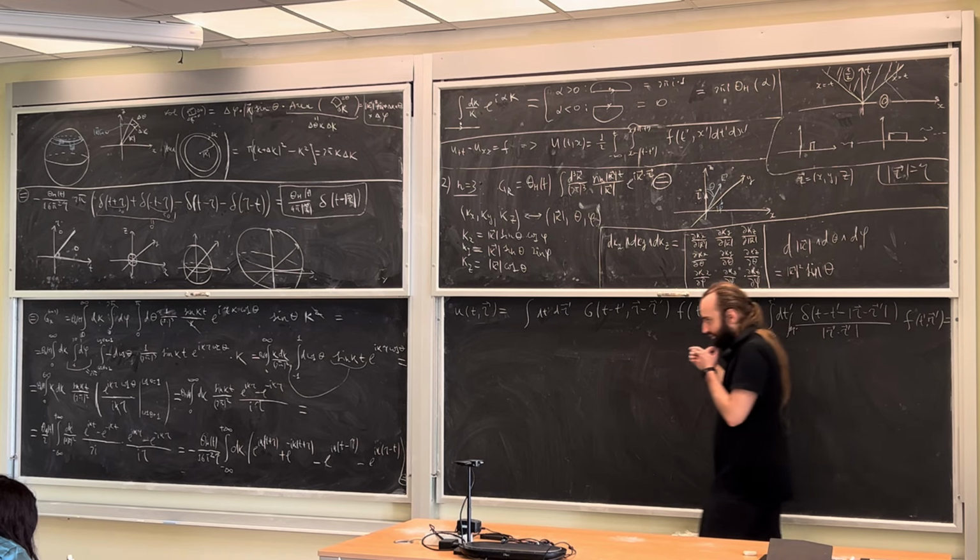So we can write this as the integral in dr prime, f of t minus the absolute value of r minus r prime, over 4 pi times the absolute value of r minus r prime.